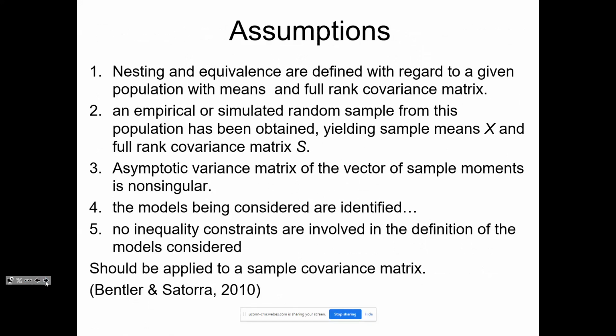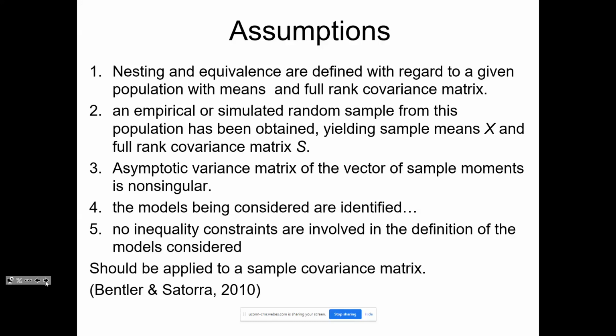So we're assuming that we've got a reasonable covariance matrix, and that we could get an empirical or simulated random sample for the population, yielding sample means and again a full rank covariance matrix. And that the variance matrix of the vector of sample moments is not going to be singular. These are very technical things, so don't worry too much about this.